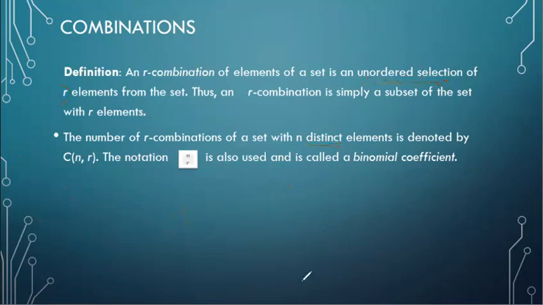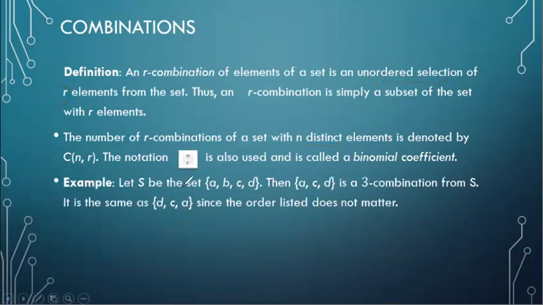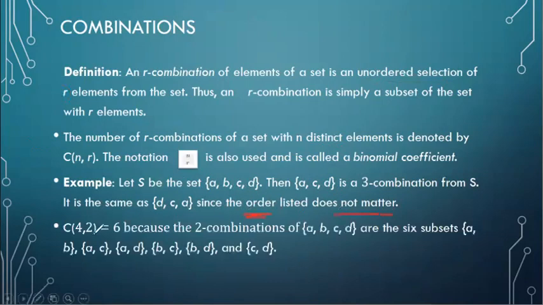Next, let's take an example. Let S be the set ABCD, then ACD is a 3-combination from S. That is, we are taking 3 elements from the set S, which has 4 elements, and it is the same as DCA since the order does not matter. And what about 4C2? 4C2, if you notice, will give us 4 factorial by (4 minus 2) factorial into 2 factorial.